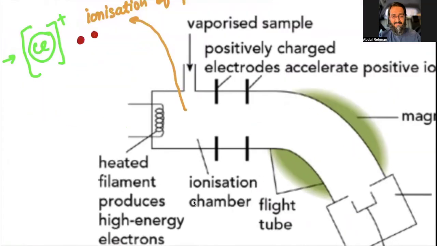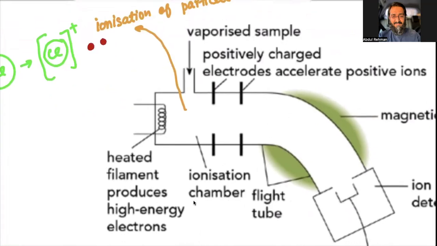So let's assume we know how many isotopes of chlorine there are. There are two, right? That's what we have studied in O levels as well. So there are two chlorine isotopes. This is one kind of isotope, and this is the other kind of isotope.